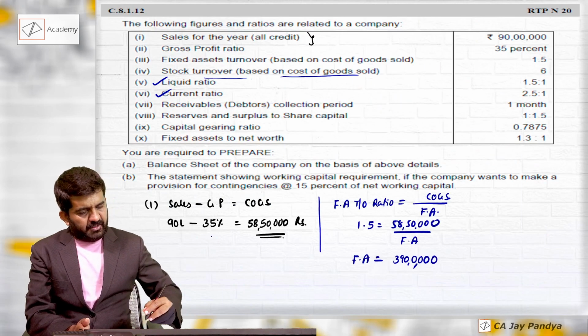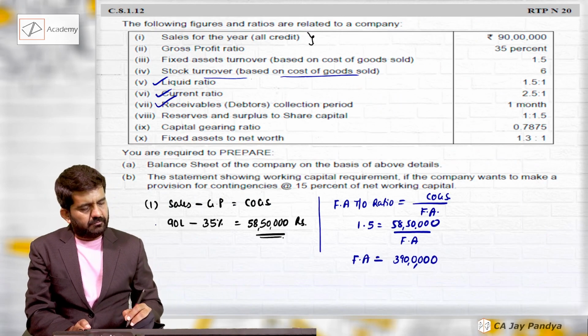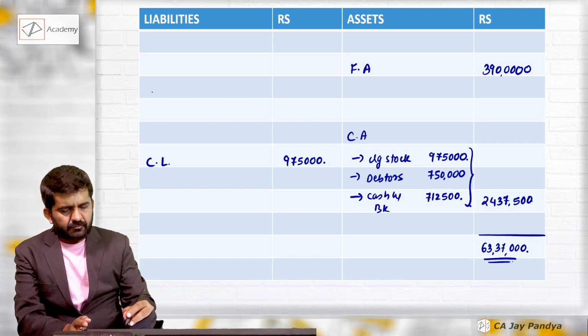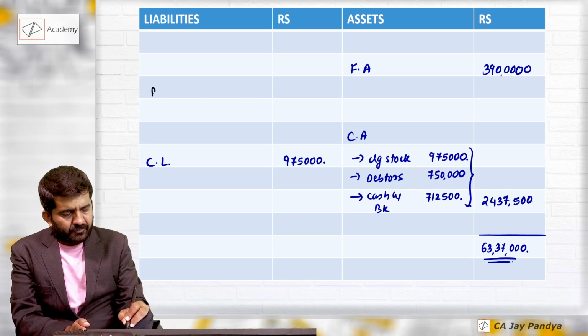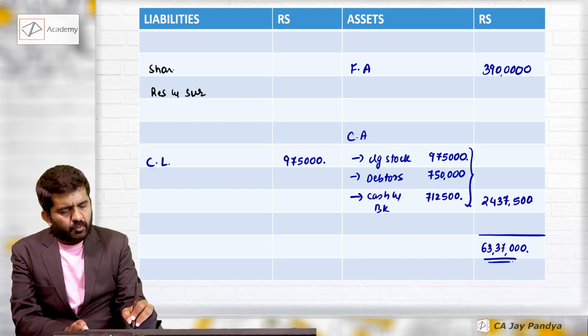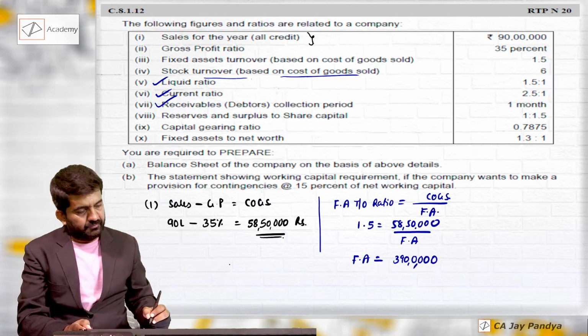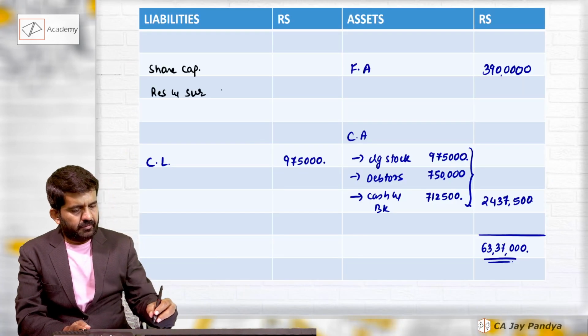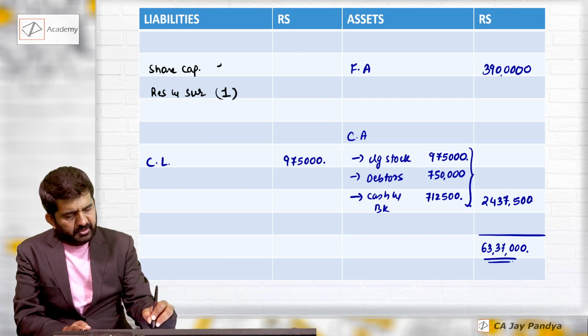I am having current liability also. Let me go to other formulas. Reserves and surplus to share capital is 1:1.5.